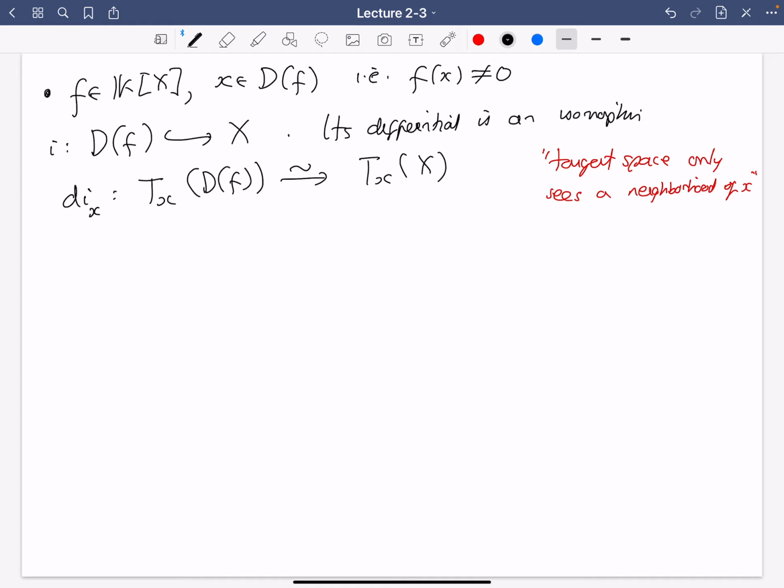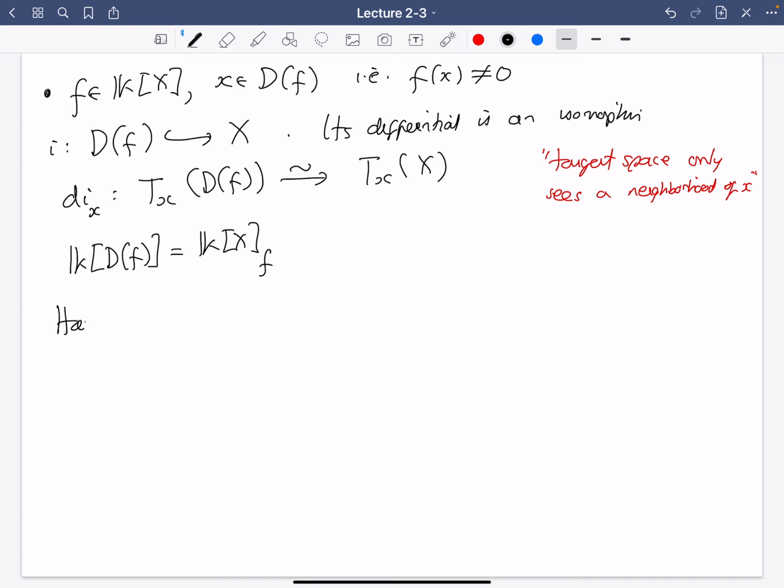So how would you see this? The coordinate algebra of this principal open subset, by definition, was the coordinate algebra of X localized at f. And so the comorphism i star is just the inclusion of the coordinate algebra of X into that localization.